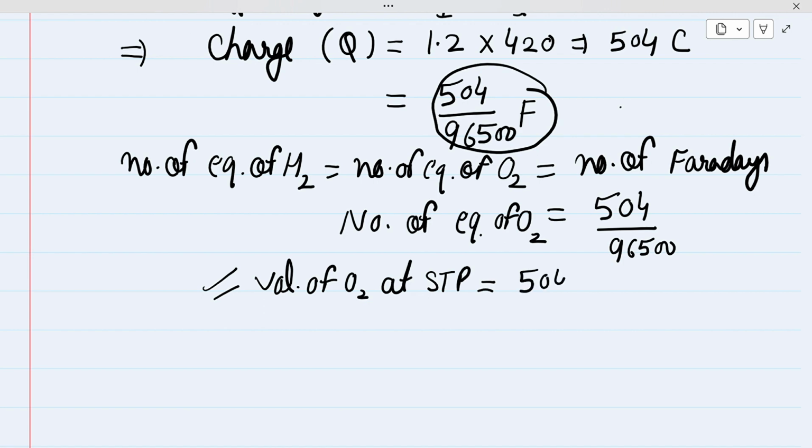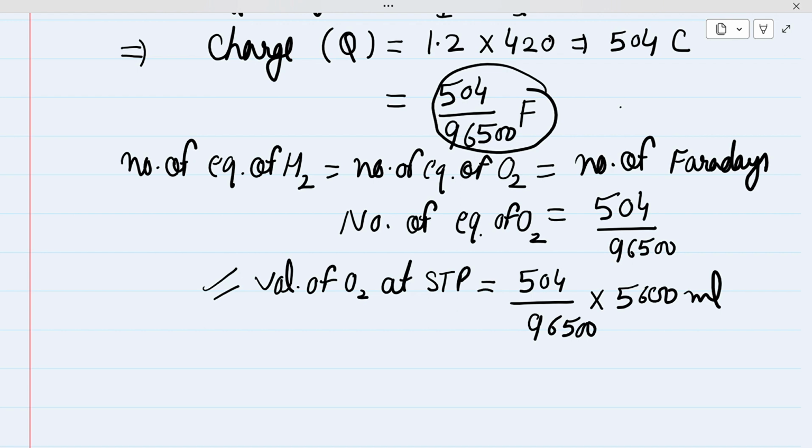Then the volume of O2 at STP will be equal to 504 upon 96500 into the volume of 1 equivalent of O2, that is 5.6 decimeter cube, or 5600 ml.